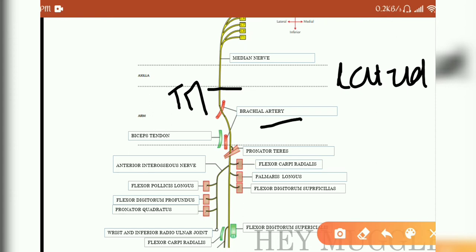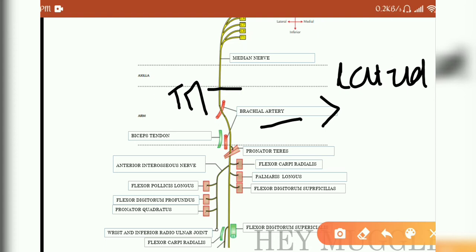It is running lateral to the brachial artery and then it crosses the brachial artery and comes to the medial side. So here you can see the structure in red is your brachial artery, right? Firstly, it is present lateral to the brachial artery, then it crosses the brachial artery and comes to the medial side.